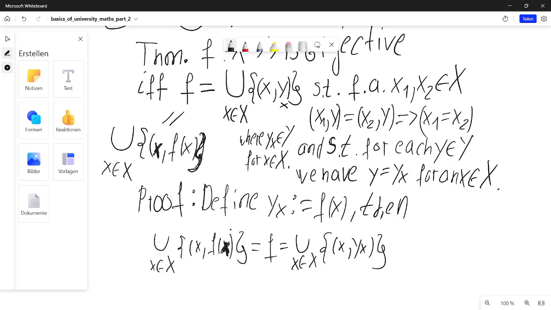And now we have to prove, well, that f is bijective if and only if that is true. Well, let's suppose that f is bijective. What does it mean? It is surjective and injective.